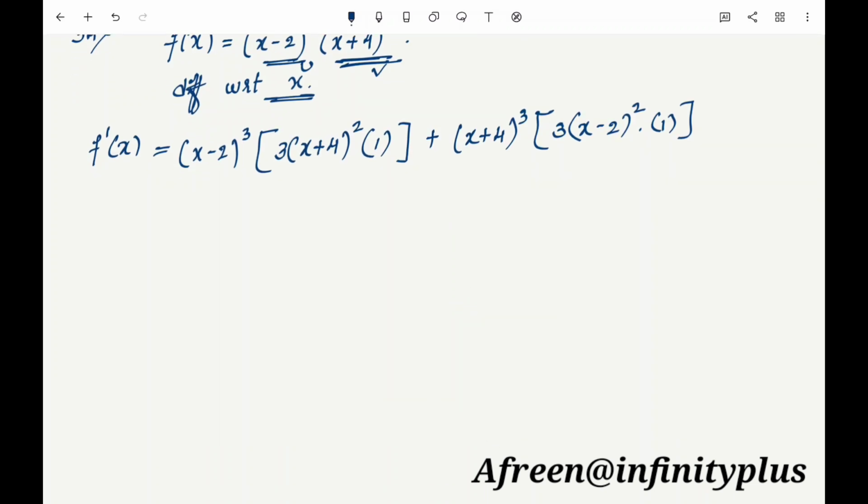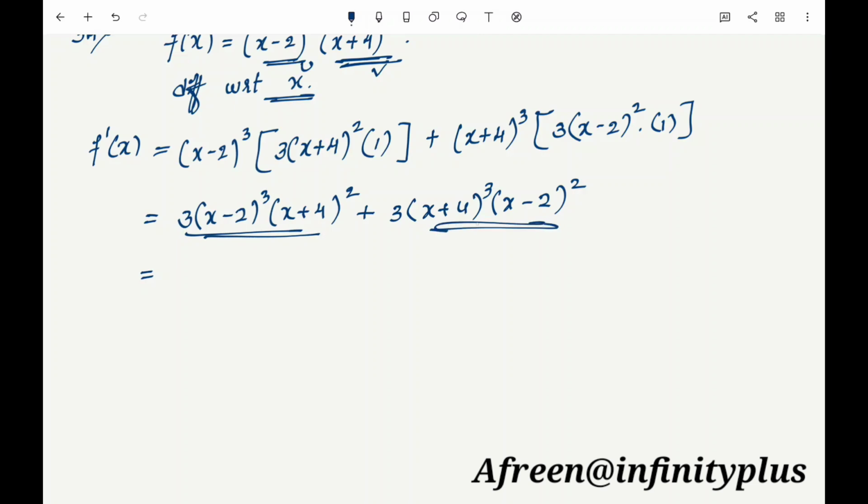Next, let's simplify: 3 into (x minus 2) whole cube into (x plus 4) whole square plus 3 into (x plus 4) whole cube into (x minus 2) whole square. Now you can observe in these two terms you have a few elements in common. Here you can take 3 as common, and also (x minus 2) whole square along with (x plus 4) whole square is common.